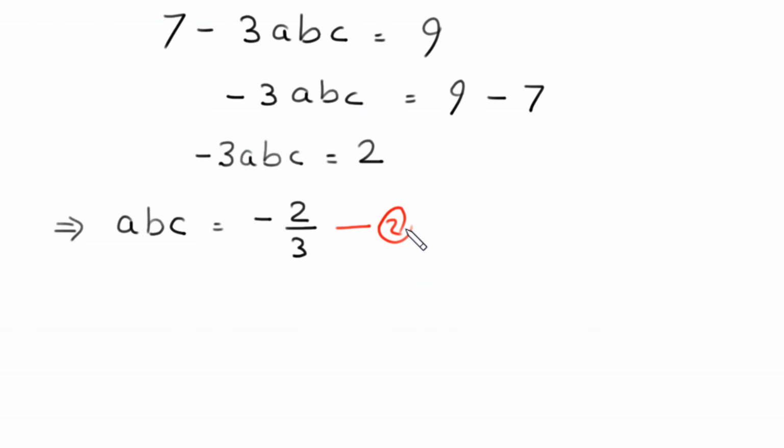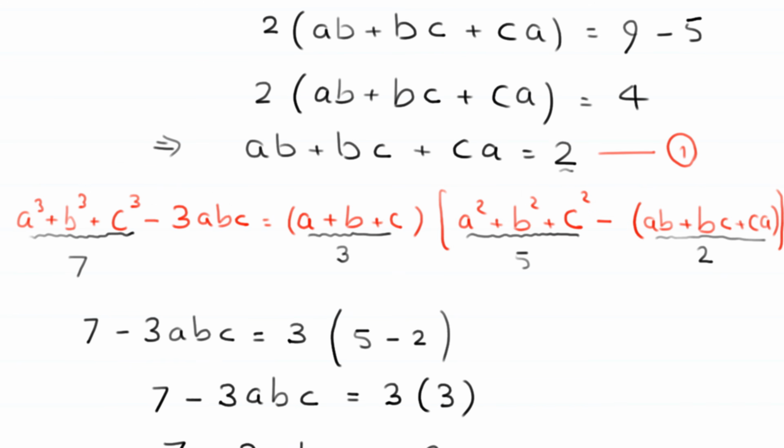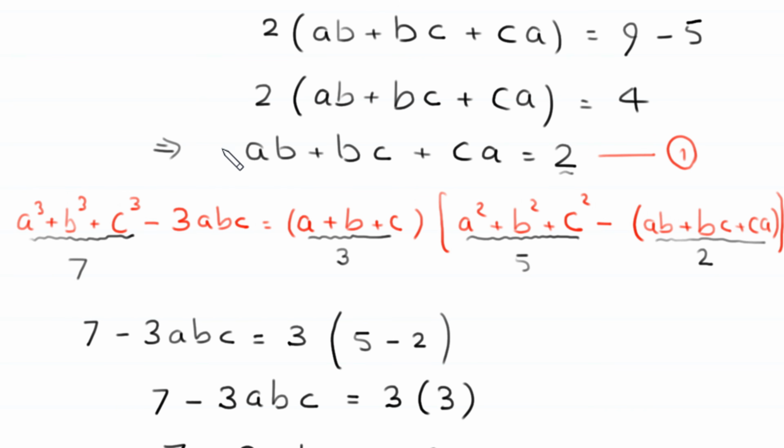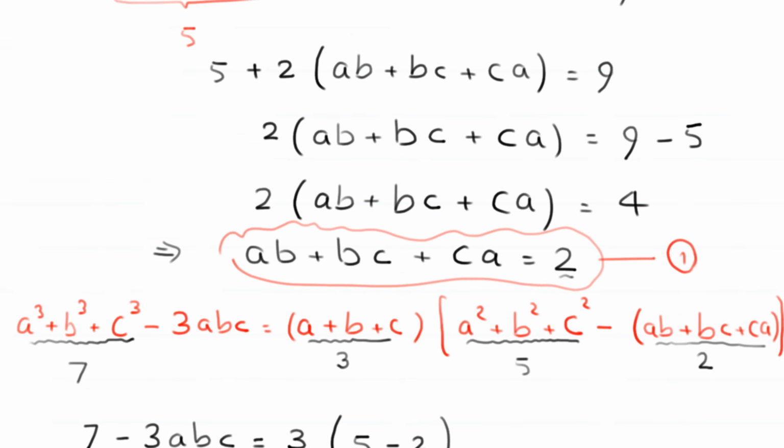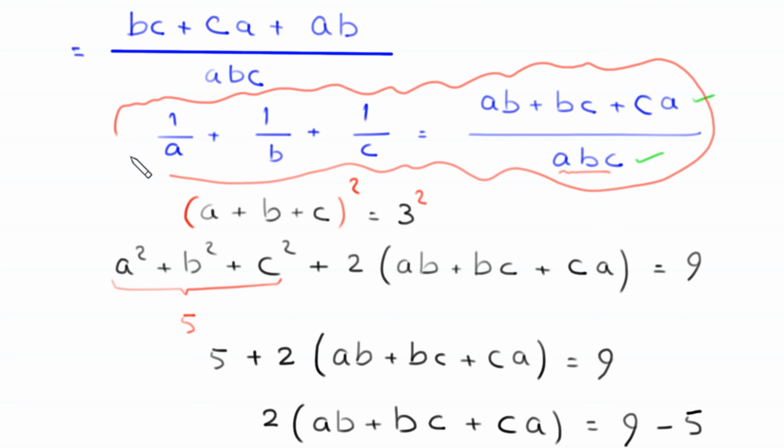First we found equation number 1: ab plus bc plus ca equal to 2.